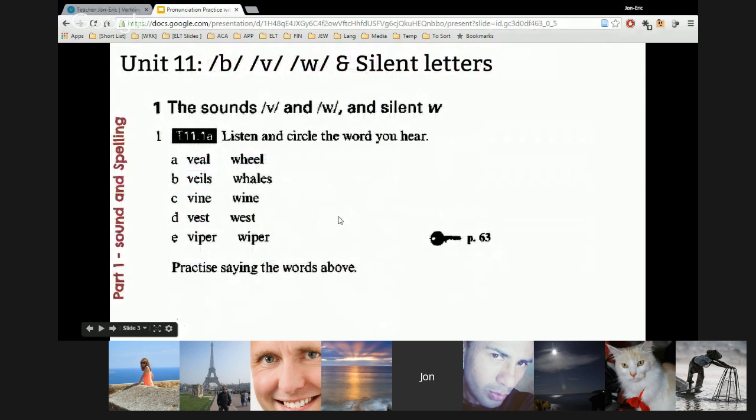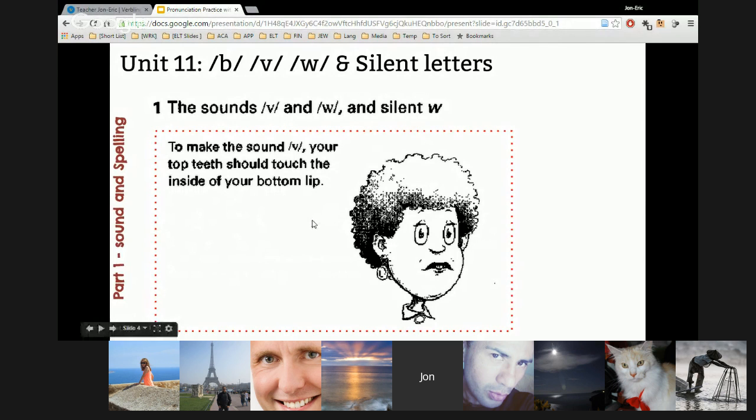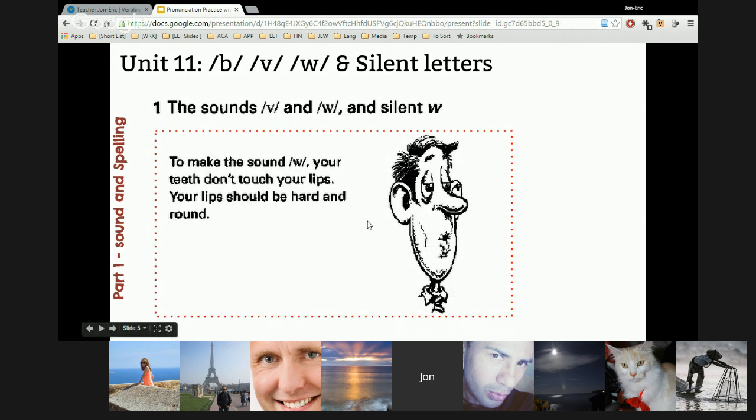In the last class, we started with the difference between V and W, which we're going to review. We looked at exactly where your teeth, lips, and tongue go to make the V sound, and if we need to, we'll review it. I'm just showing you what we did last time so we can pick up where we left off.